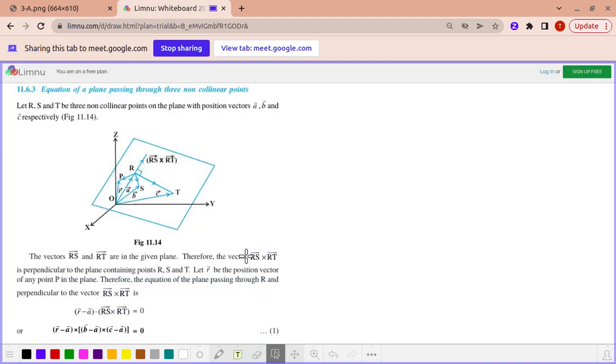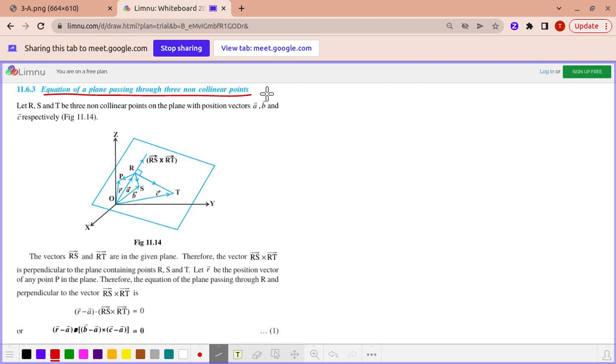So one point I would like to mention is that before the class, when it should be here dot product, I will explain this too. So dear students, the discussion we are going to do is the equation of a plane passing through 3 non-collinear points. Why it is non-collinear, we will discuss after some time.